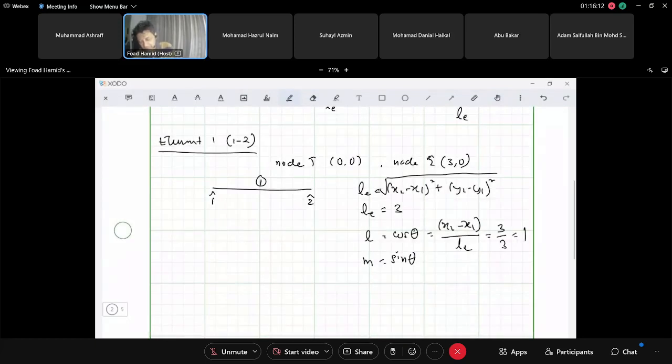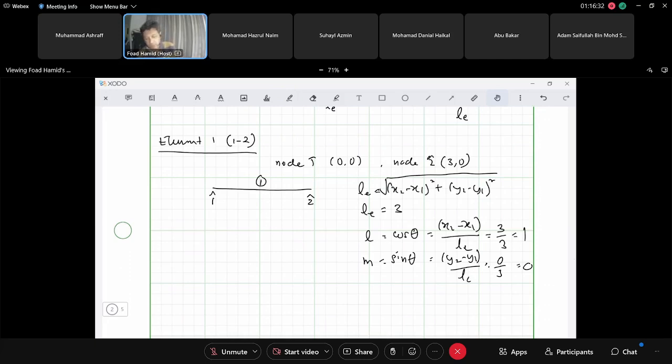And sine theta is, of course, there's no elevation, which is 0 over 3, which is 0. So now we know that our theta is right here on node number 1, cos theta is 1 and sin theta is 0. Okay, so this is basically the setup.